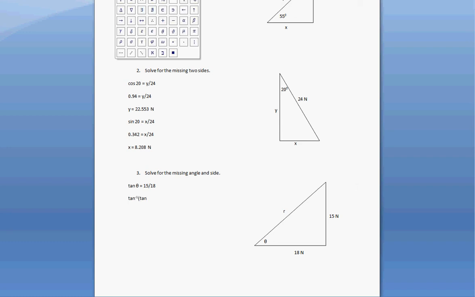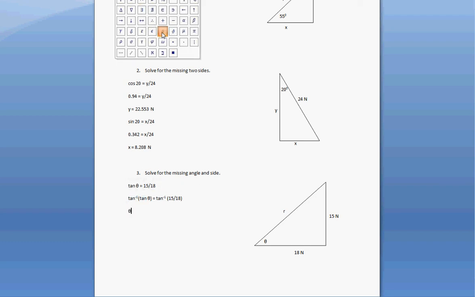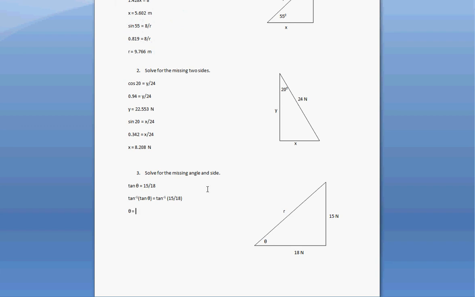So the inverse tangent of the left will equal the inverse tangent of the right. Okay. When you take the inverse tangent of a tangent, you just get the angle back, which is the whole reason why we're doing this. We're trying to figure out what the angle is. So that's the reason why we're doing this procedure.